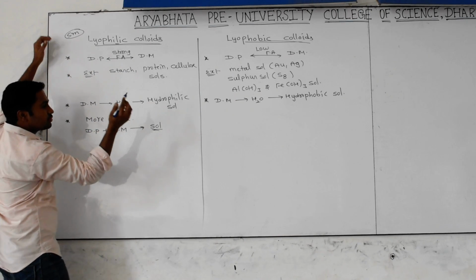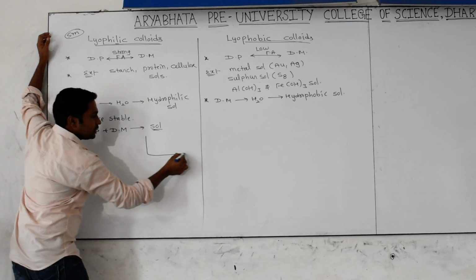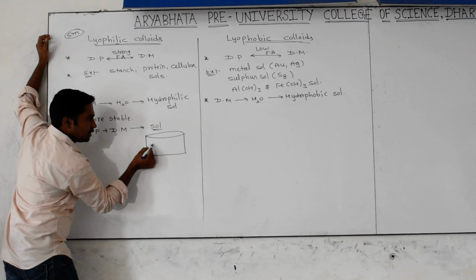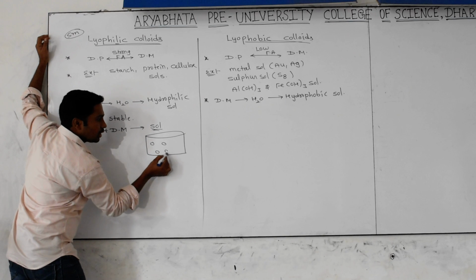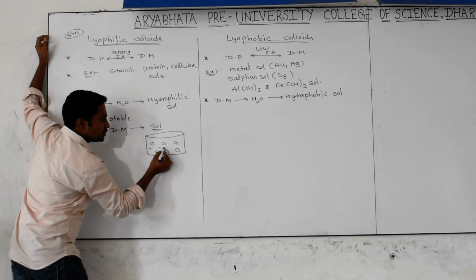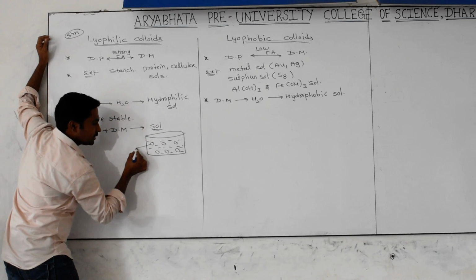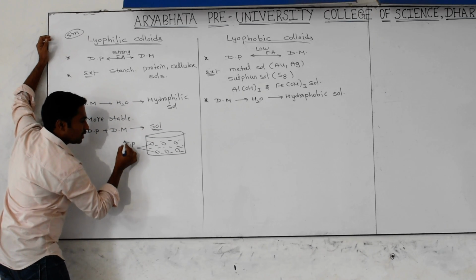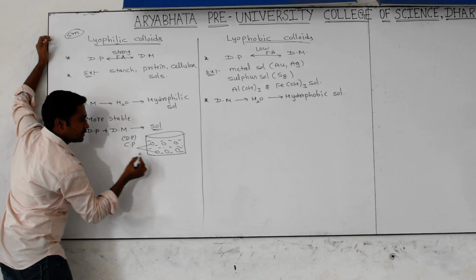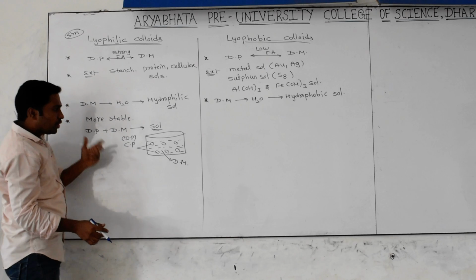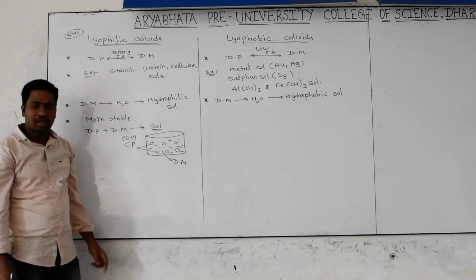But what is the meaning of stability? You take a dispersed phase in a dispersion medium. Observe very carefully. These are which particles? Colloidal particles. And this is which one? The dispersion medium. Yes, these are nothing but colloidal particles, the dispersed phase. And what is this one? The dispersion medium. What is the meaning of stability?